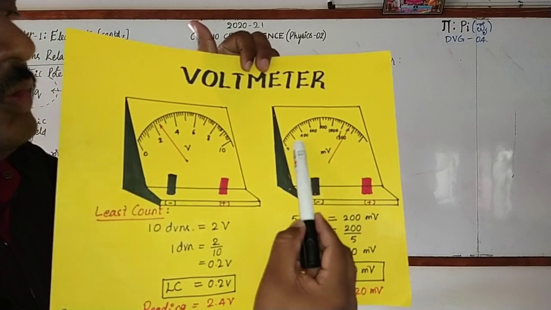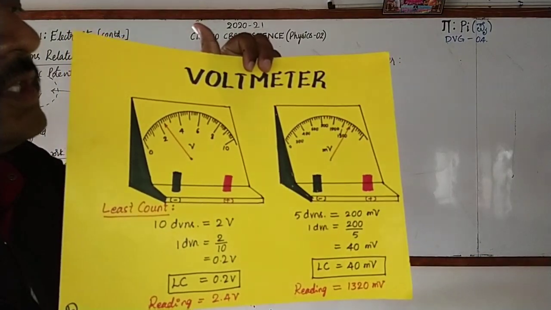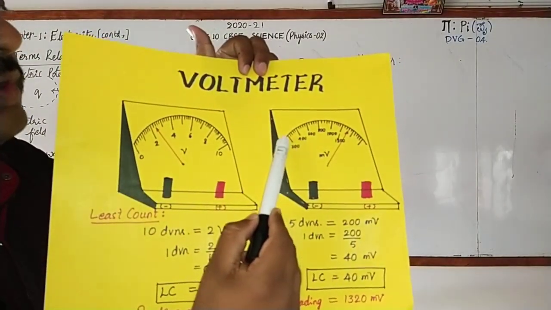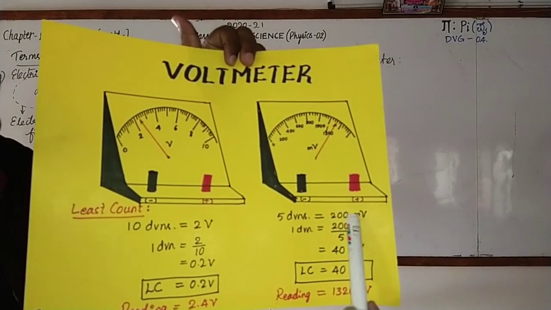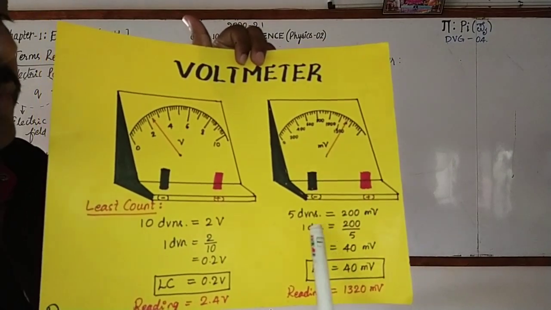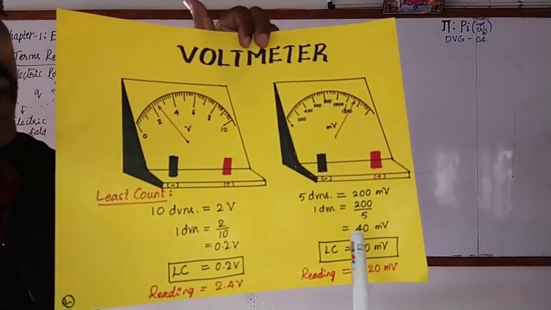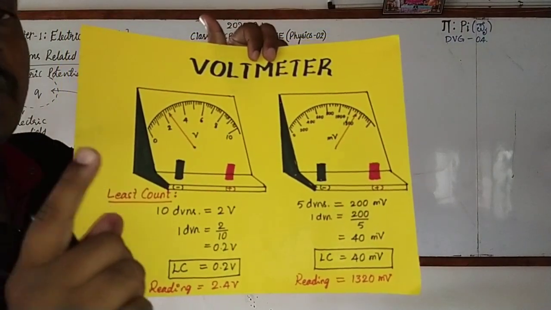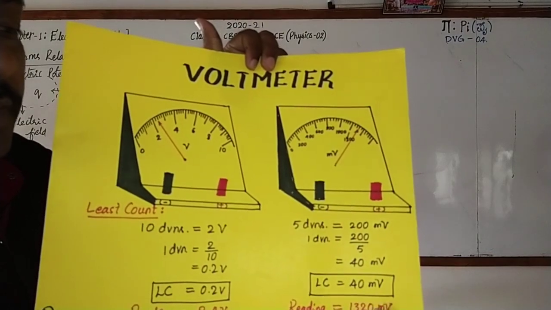Between 0 to 200 or 200 to 400, how many divisions are there? 5 divisions are there. Hence we can write 5 divisions is equal to 200 millivolts. Then the value of 1 division is 200 by 5, which is nothing but 40 millivolts. So the least count of this voltmeter is 40 millivolts.